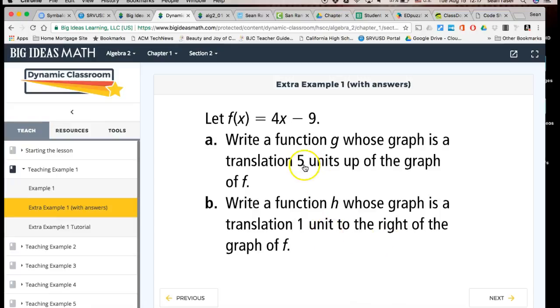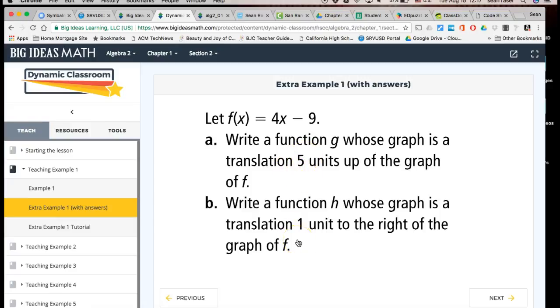So you're going to have 2 new functions, g and h. What you should be writing in your text box should be 2 new functions, g of x equals and h of x equals, and they should be new functions that are linear, that have the proper changes made to them to reflect these translations.